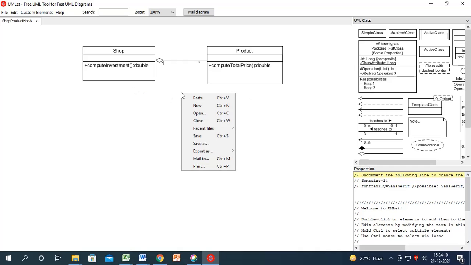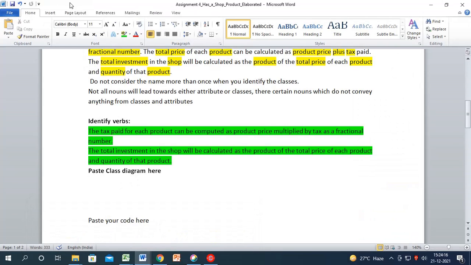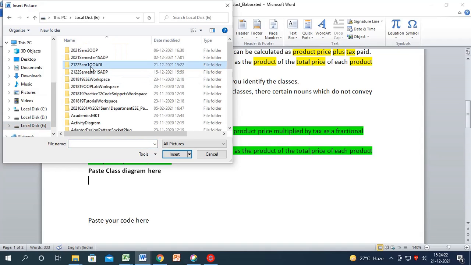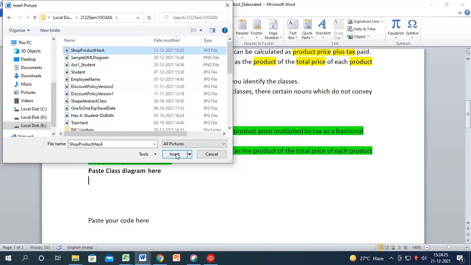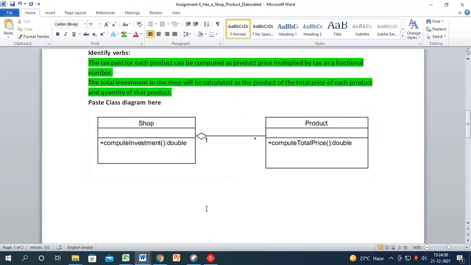So this is the way you're going to look at it. Now this diagram I'll paste. I have to insert a picture. But this picture is incomplete. You have to complete the picture by writing the attributes and all. Then after you complete the picture, out of shop and product, the class which you will define initially is the product class.